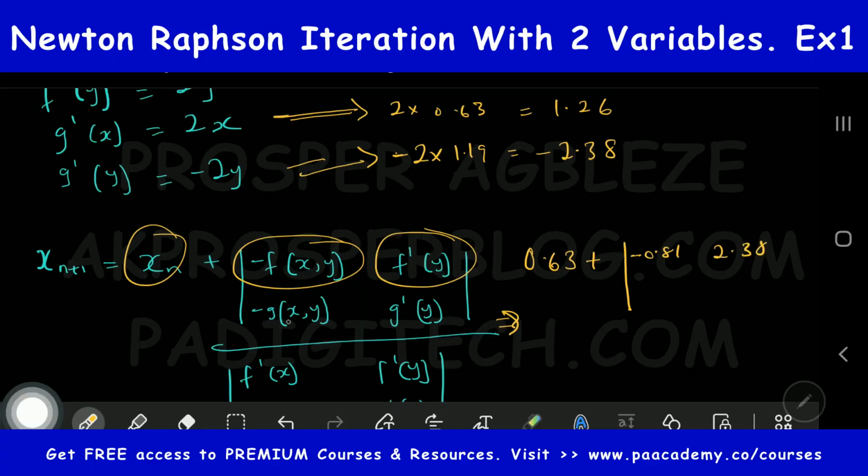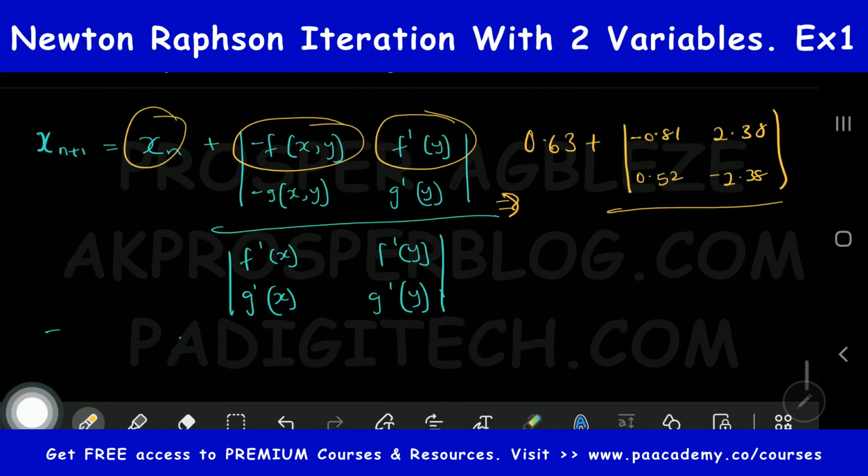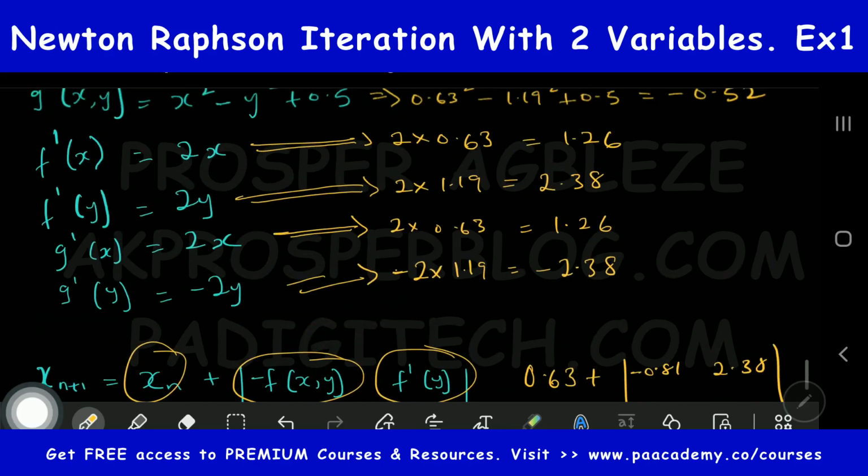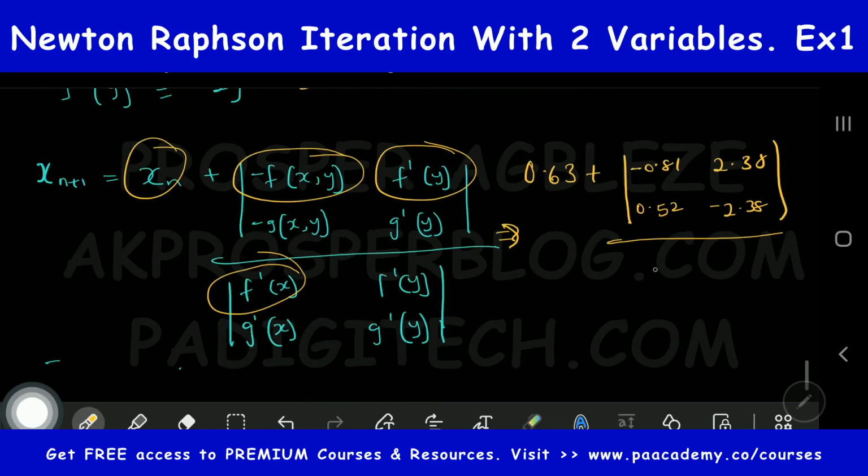So you're going to repeat the same thing with the other value. I believe by now you should be familiar with how to get some of those values. That's minus 2.38, then divided by f prime of x, which is 1.26. So you're going to be having it to be 1.26 over 1.26, and then 2.38, and then here is going to be minus 2.38.